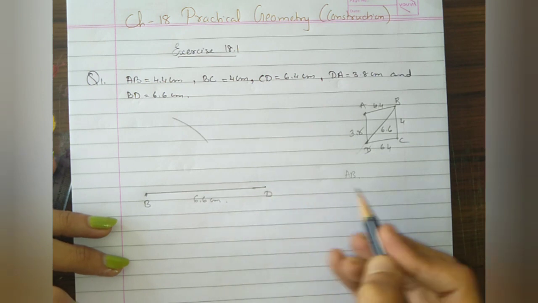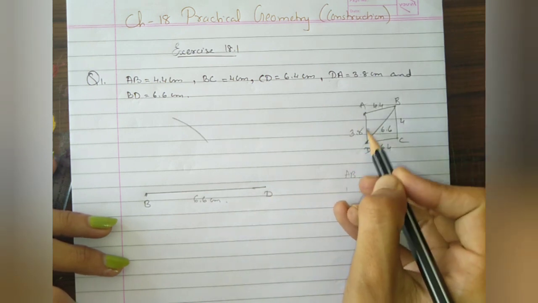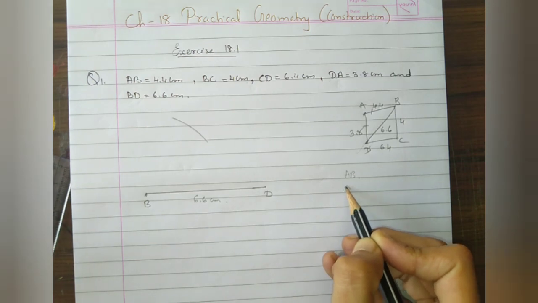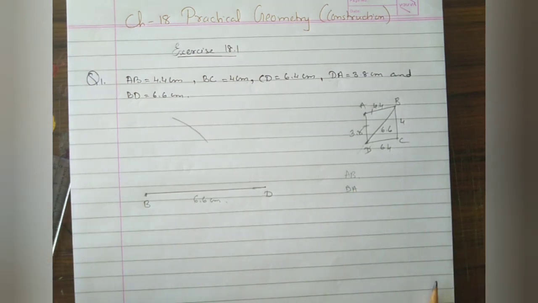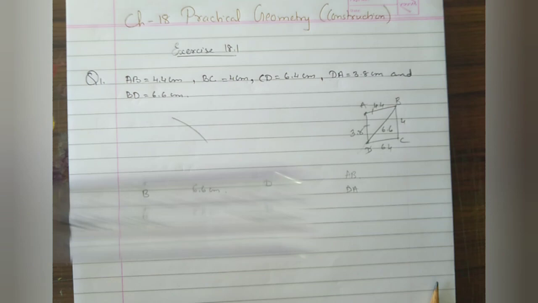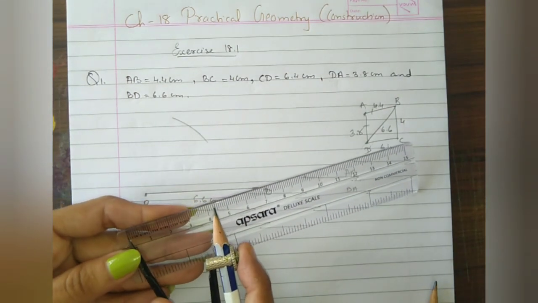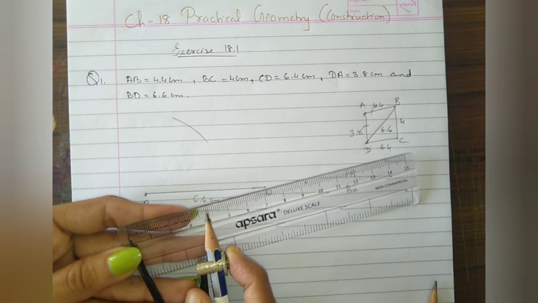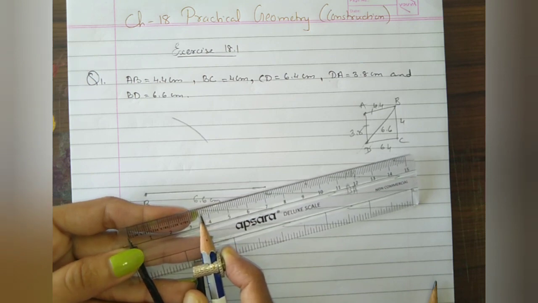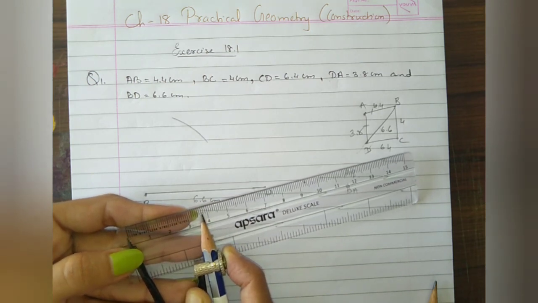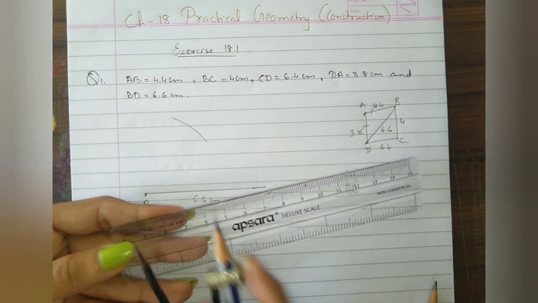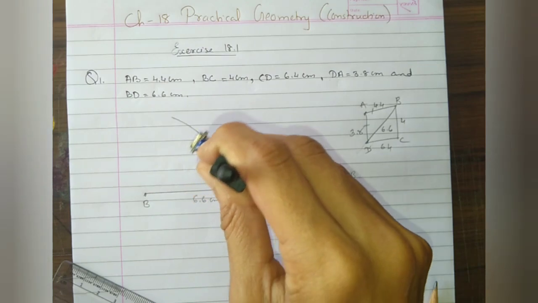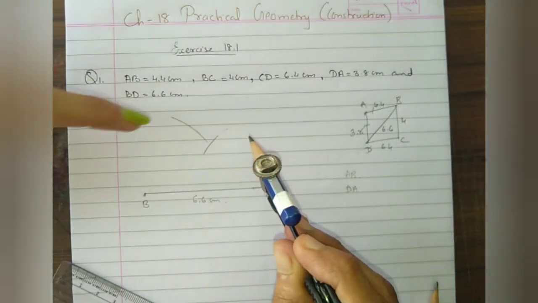Now from D we have to take AD or DA. So DA is 3.8. So take the measurement of line segment 3.8. Okay, and draw from the point D and intersect this arc.